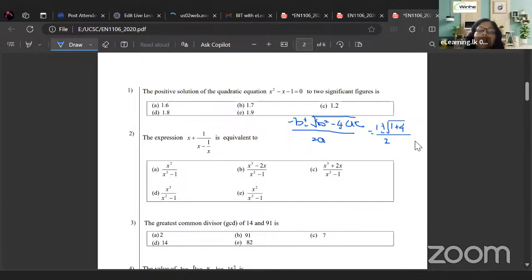The answer: 1 plus square root 5 divided by 2, or 1 minus square root 5 divided by 2.